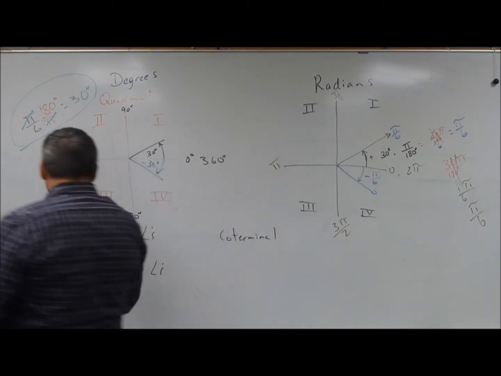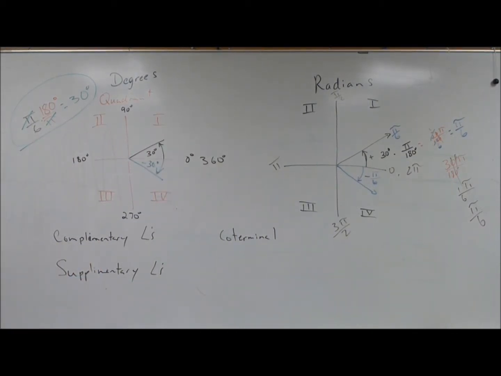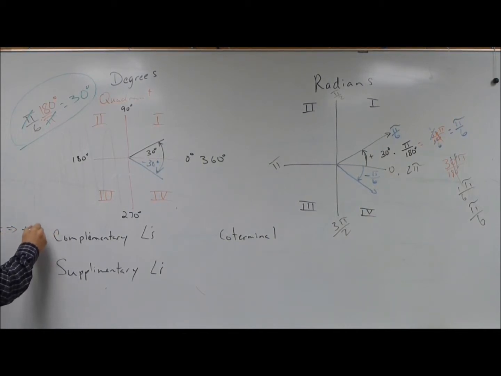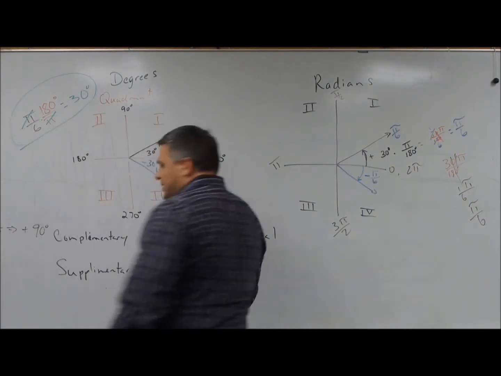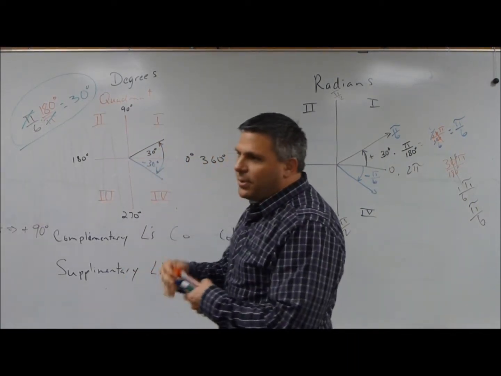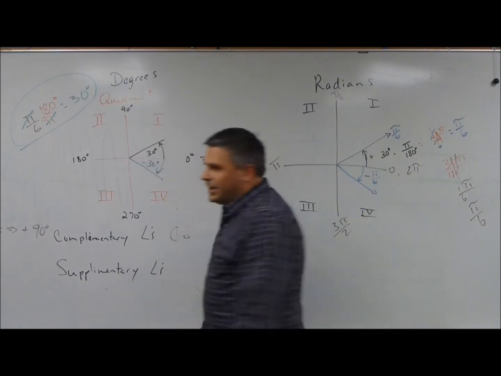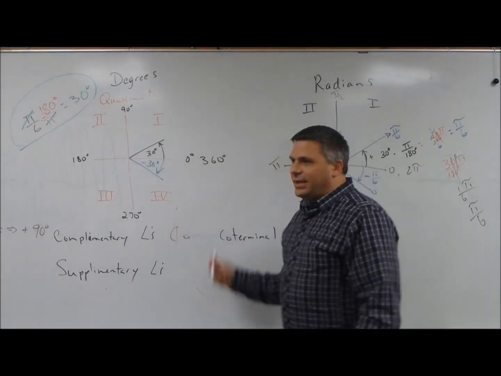Then we also have complementary angles. Complementary angles are two angles that add up to be 90 degrees. The way I like to think of this is complementary is a CO, and I just like to throw a 1 right here, and it's 90.